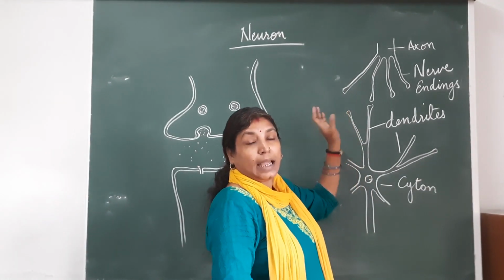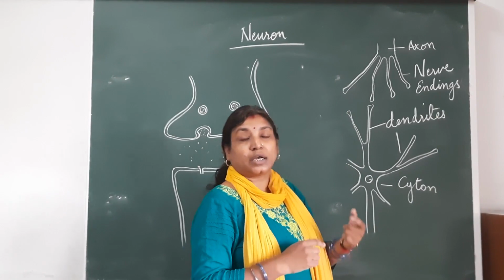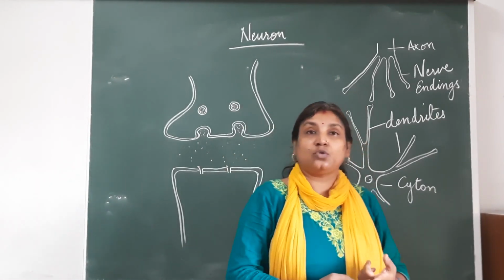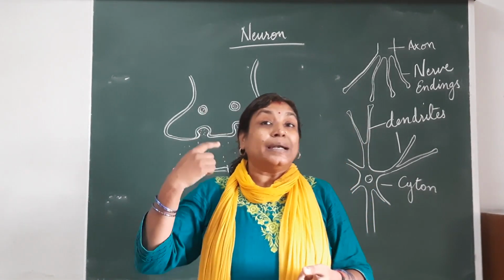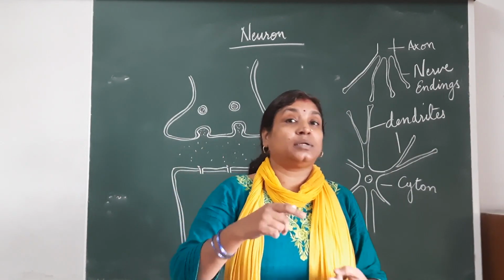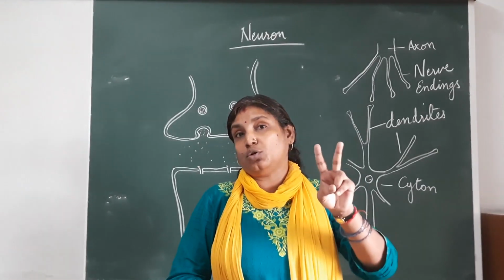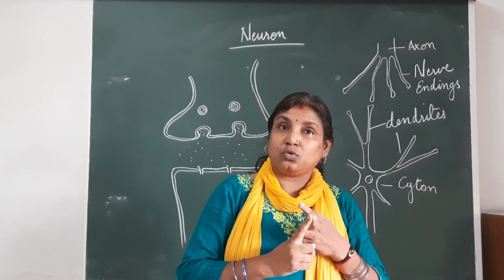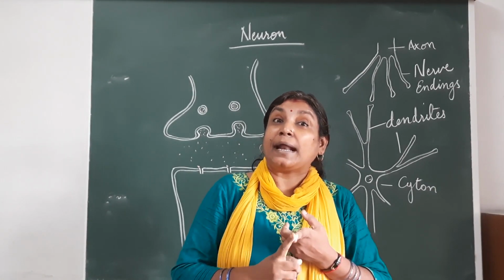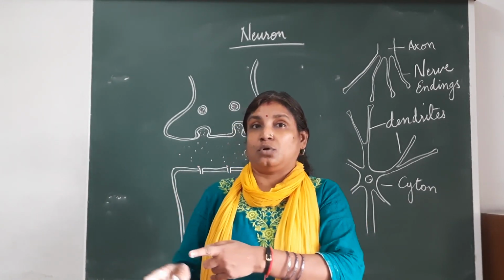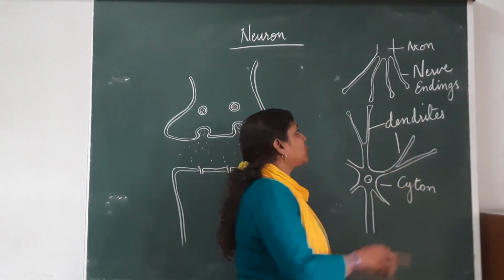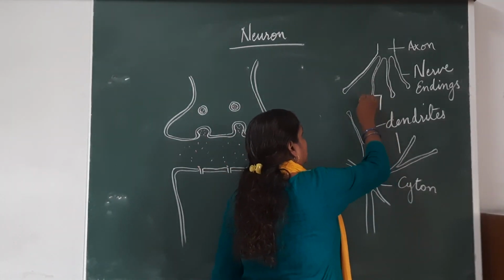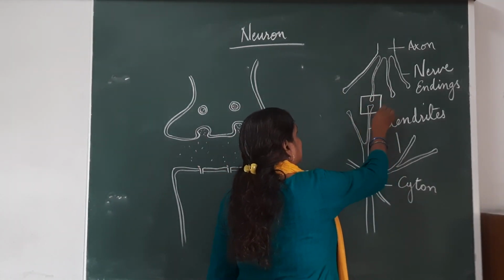The point at which the nerve ending of one neuron meets with the dendrite of another neuron. Always remember there are two neurons, nerve ending of one neuron and dendrite of another neuron. Whenever they come in close contact, that point is known as synapse, this part.